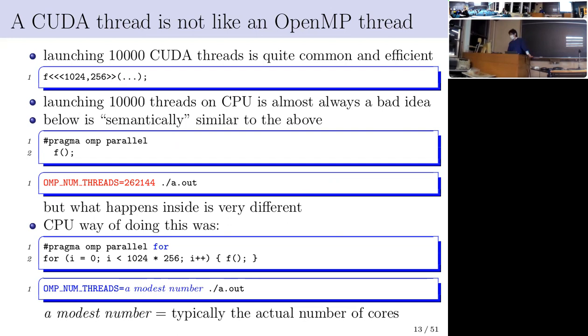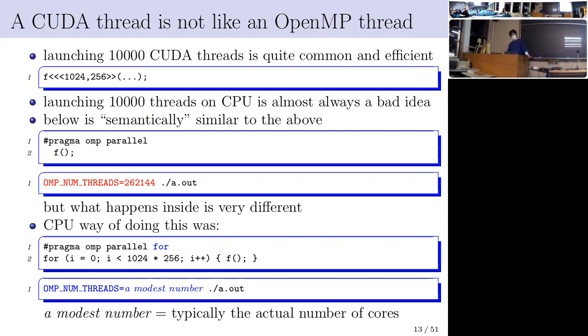If you of course remember, OpenMP also has the notion of threads, which is something you create by having OMP parallel, right? But CUDA thread and OpenMP thread are similarly named, but they are actually very different.